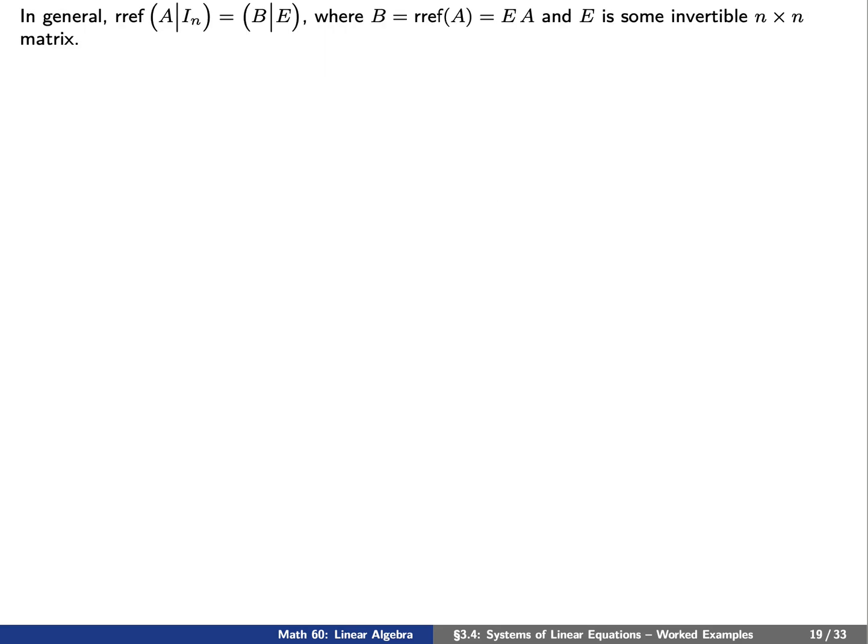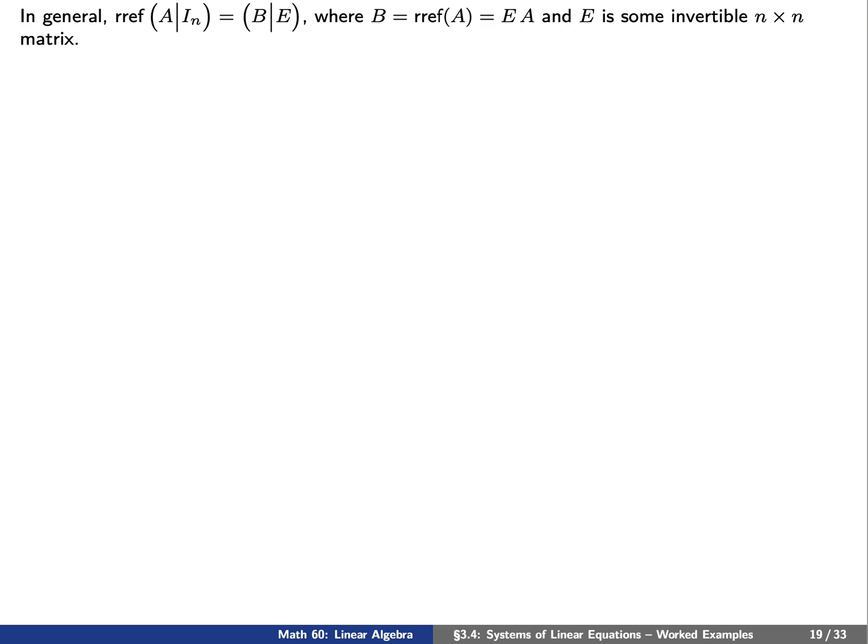In a more general sense, let's start with the matrix A, and let's say on the right-hand side we have our n by n identity matrix, I sub n, and let's perform the reduced row echelon form. In general, we'll find on the left-hand side some matrix B, and on the right-hand side some matrix E. Of course, the whole point of doing this is that on the left-hand side, we want to compute the reduced row echelon form of A. But we've already seen that in doing this, we are multiplying by a series of elementary matrices on the right.